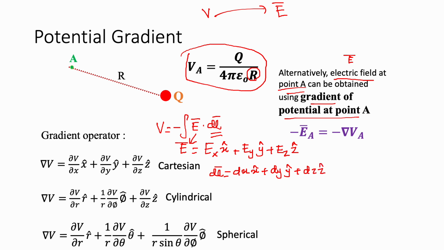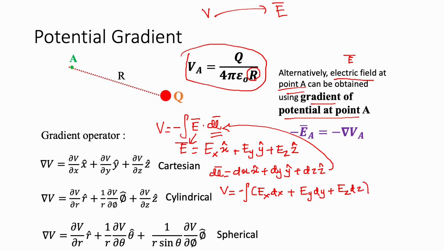If we substitute both of these into this equation, we will get V equals negative integration of Ex dx plus Ey dy plus Ez dz.